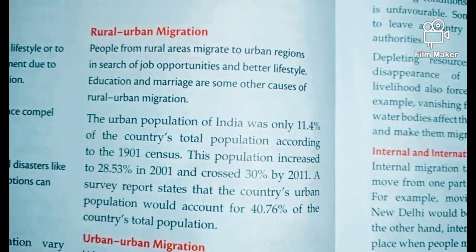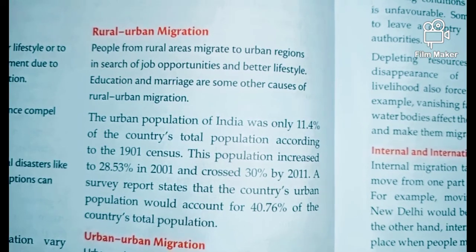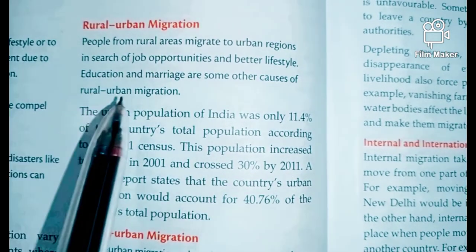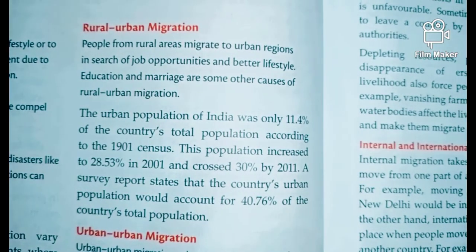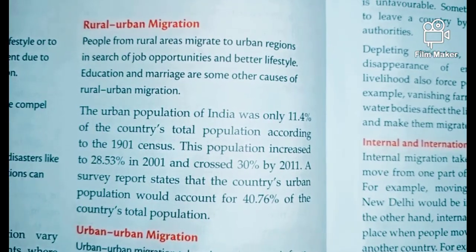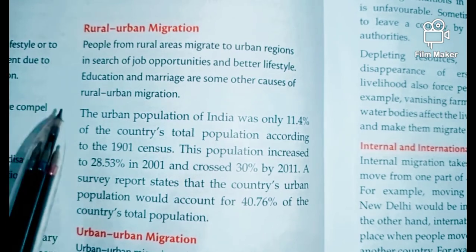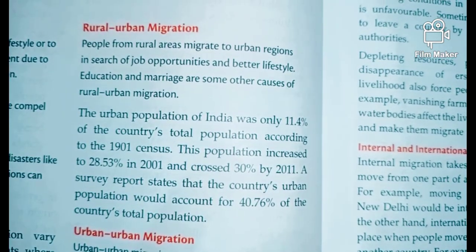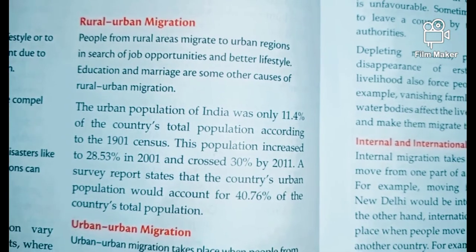In rural to urban migration, people generally move from rural to urban areas, that is from villages to cities. It's only because of job opportunities and a better lifestyle. Sometimes education and marriage are also causes for people to migrate from rural to urban areas.